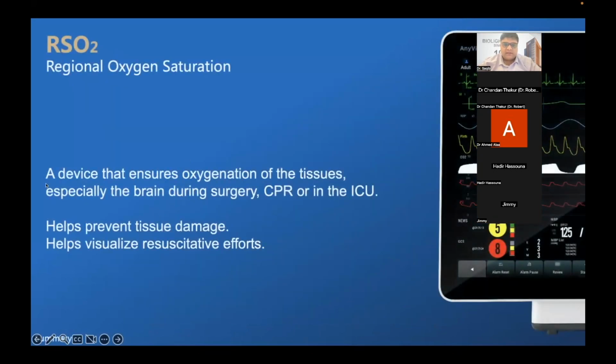So basically, if I summarize RSO2, it's a device that ensures the oxygenation of tissues, especially the brain during surgery, CPR, or in the ICU. And the purpose of this device is to help prevent tissue damage. It helps visualize resuscitative efforts.